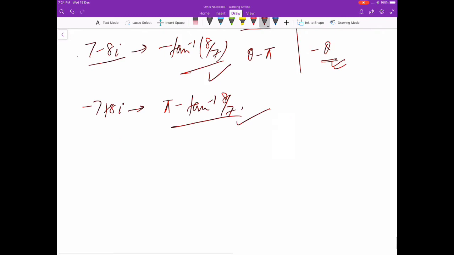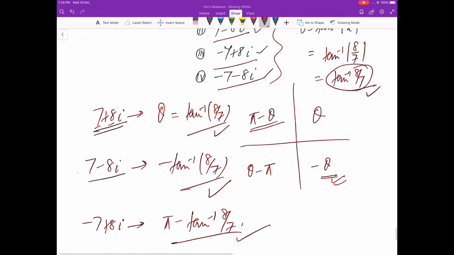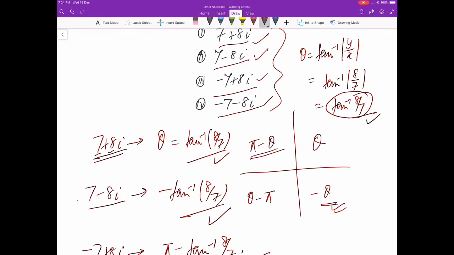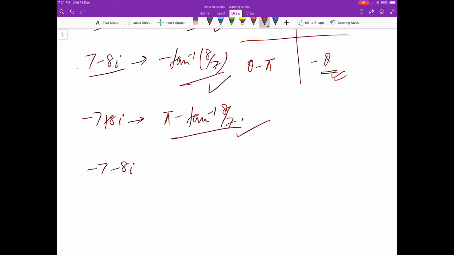And now -7 - 8i, which lies in the third quadrant. So I can say this is theta minus pi. Putting values, it is tan inverse 8 upon 7 minus pi.